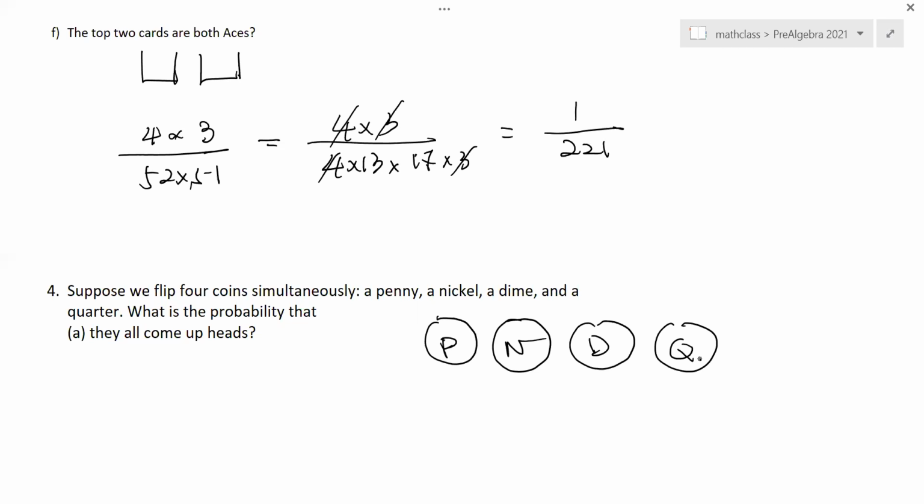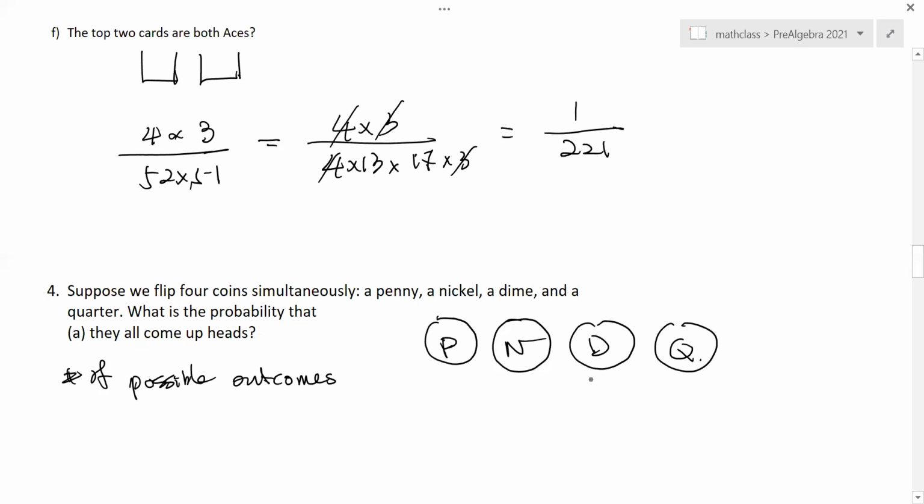All right, so now the question is how many possible outcomes there are. You look at those 4 coins in the order penny, nickel, dime, and quarter.